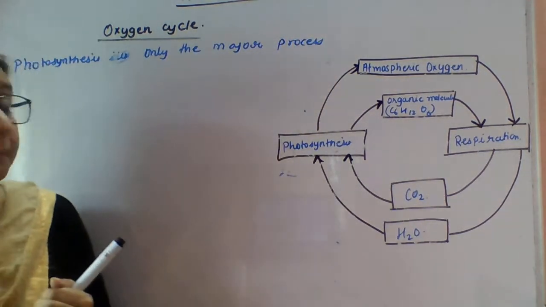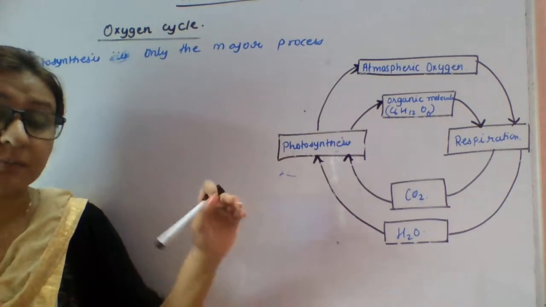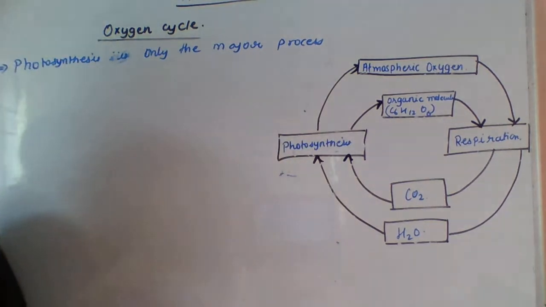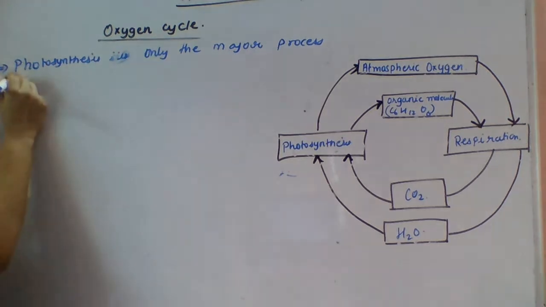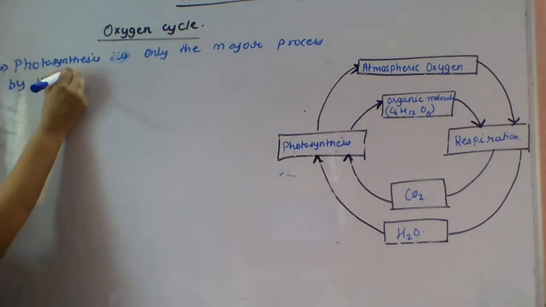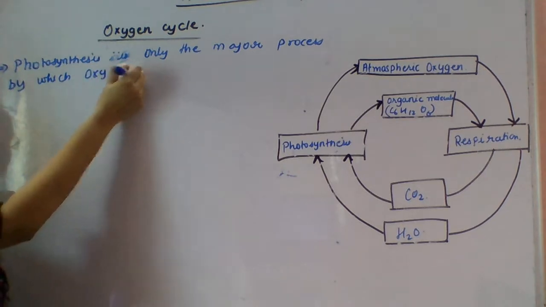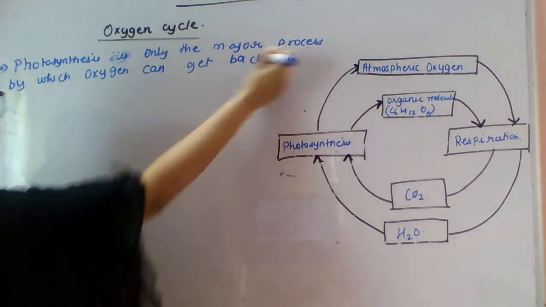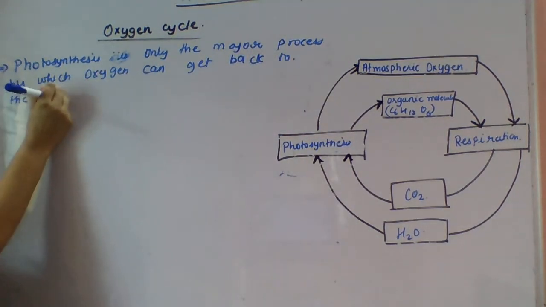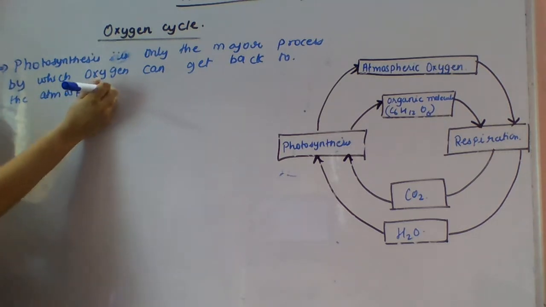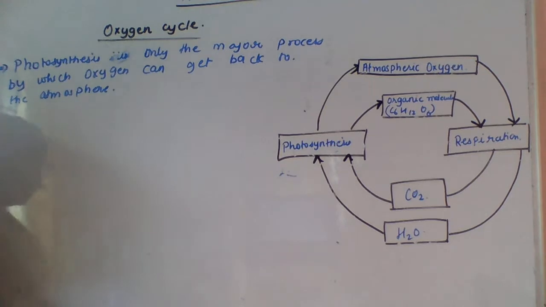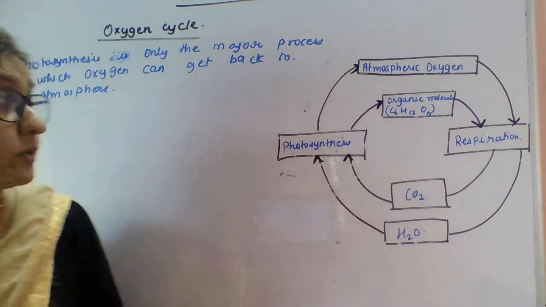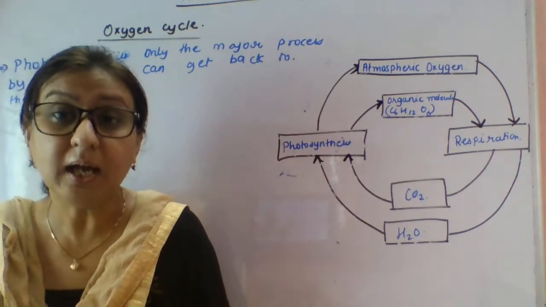Plant trees, because this is not the only process, but this is the major process from which oxygen can get back to the atmosphere. So that's why green plants are the major source from where the oxygen can return into the atmosphere.